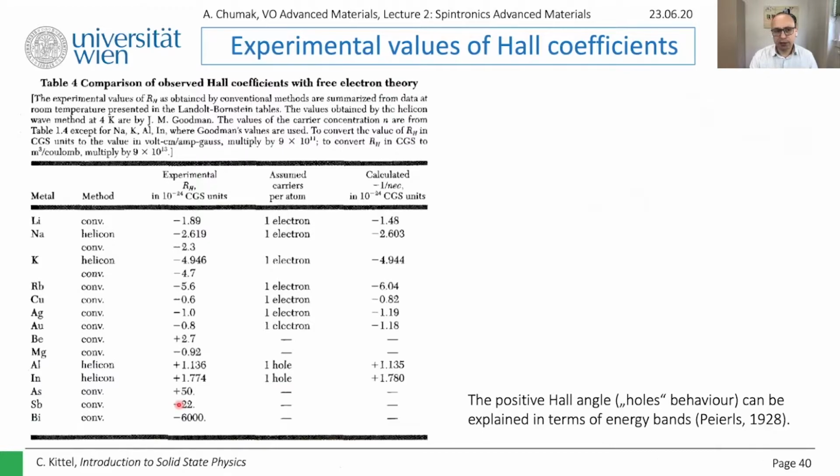The reason is that aluminum is a complex material with 3 valence electrons and a complex band structure. Therefore, in some cases, because of this band structure, it can behave as a semiconductor. So we can speak about effective conduction by holes. This positive Hall angle can be explained in terms of the energy band. This is not of importance for the course on spintronics advanced materials, but just keep in mind that the energy band model is really powerful and can explain even such unexpected behavior of a solid.